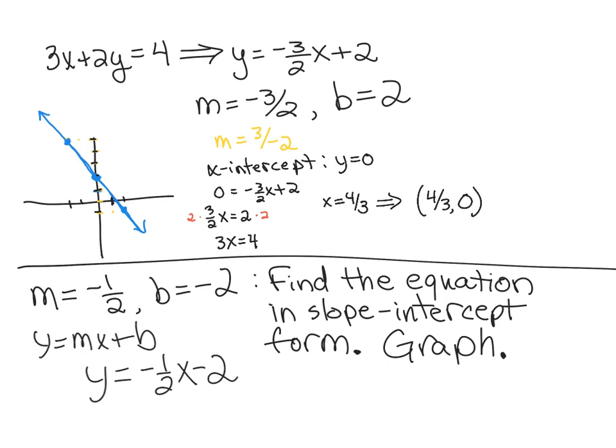Okay? Now I took up all the space for the graph, so I'm going to zoom in. Sorry about that. I'm going to zoom in and put my graph right here. All right? I know that I have a point at negative 2, and I'm going to go down 1 and over 2 and make a point.